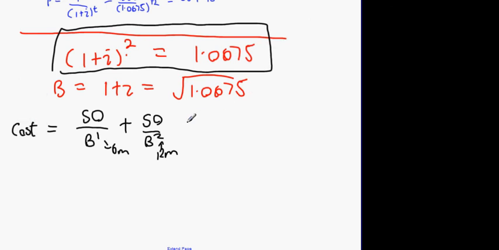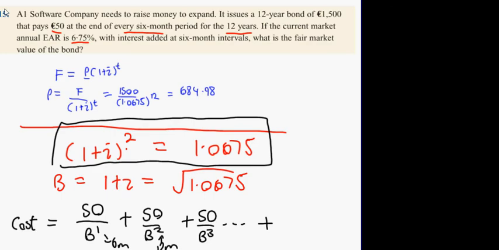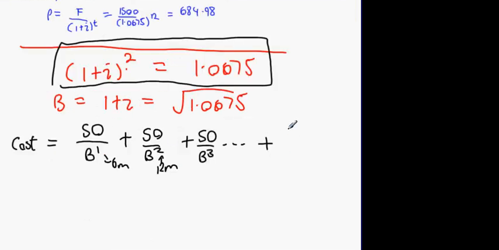Now we can see that this is a geometric sequence. The next one's going to be b3, and then all the way to the last one. How far away is the last one? The last one occurs at the end of 12 years, which means 50 over b24.